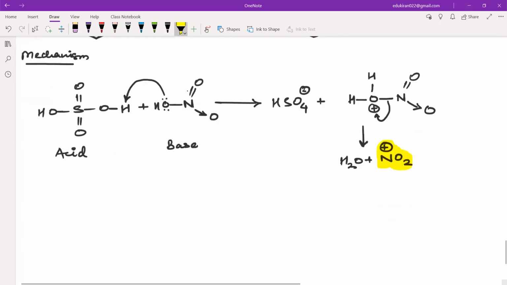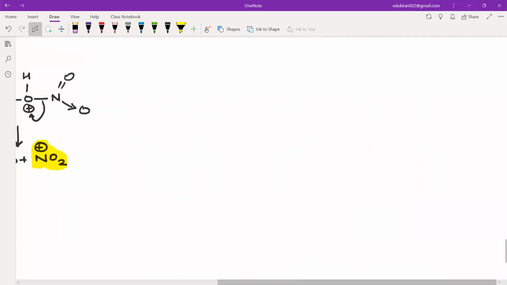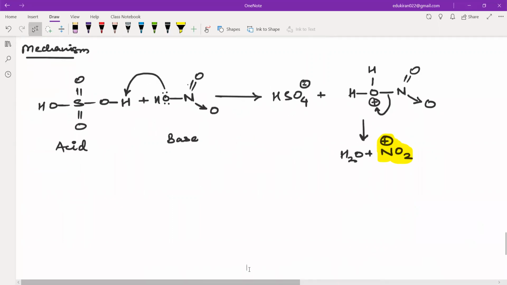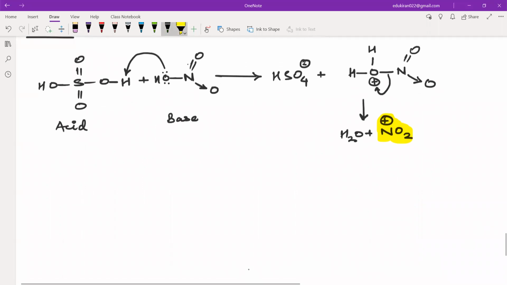Next step in the mechanism is the attack of electrophile on benzene. So benzene, which is electron rich, so let us focus on these hydrogens here. And then we have NO2 positive.